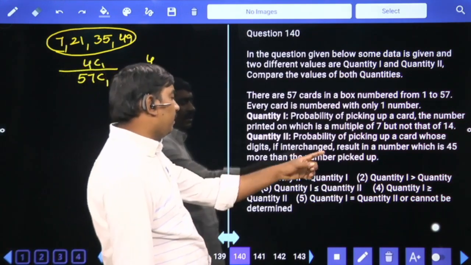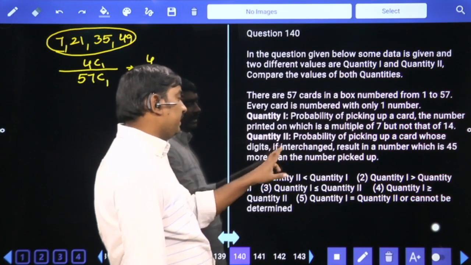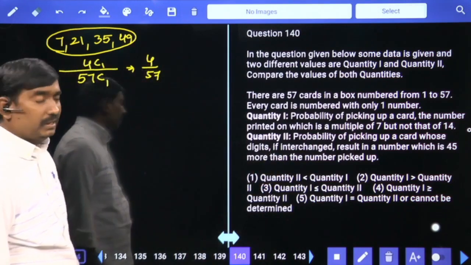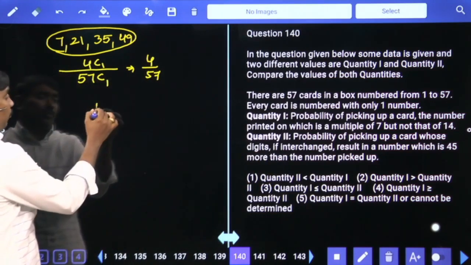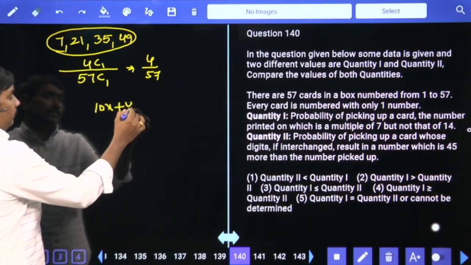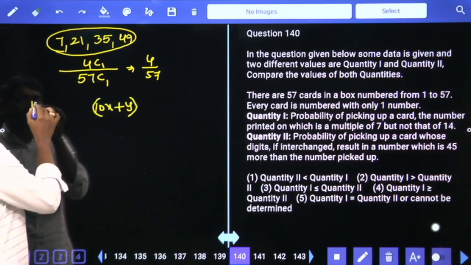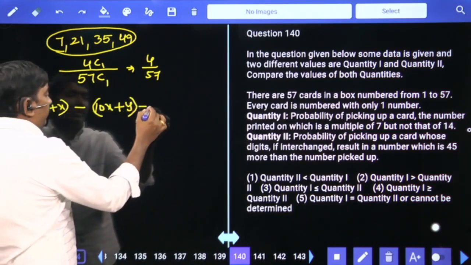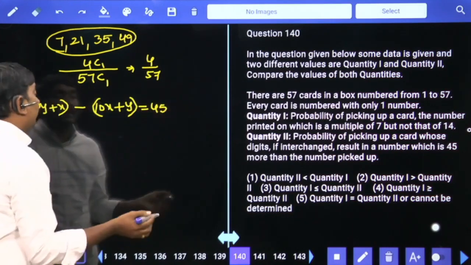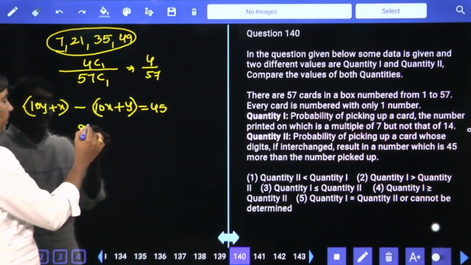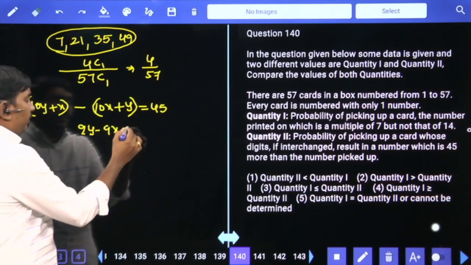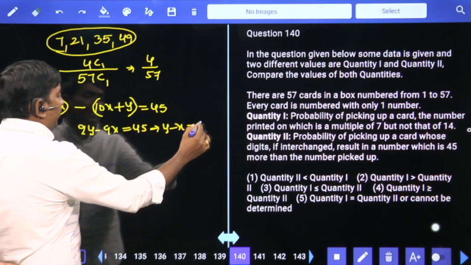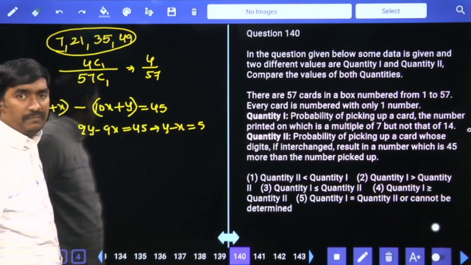Probability of picking up a card whose digits, if interchanged, result in a number which is 45 more than the number picked up. Generally, a 2-digit number is 10x plus y. Digits reversed is 10y plus x. The difference between the resultant number and original number is 45. 10y minus y, 9y minus 9x is equal to 45. y minus x is equal to 5. The difference between units place and tens place should be 5.